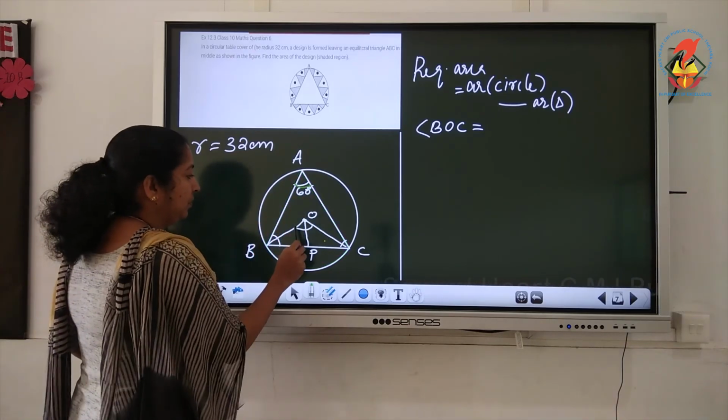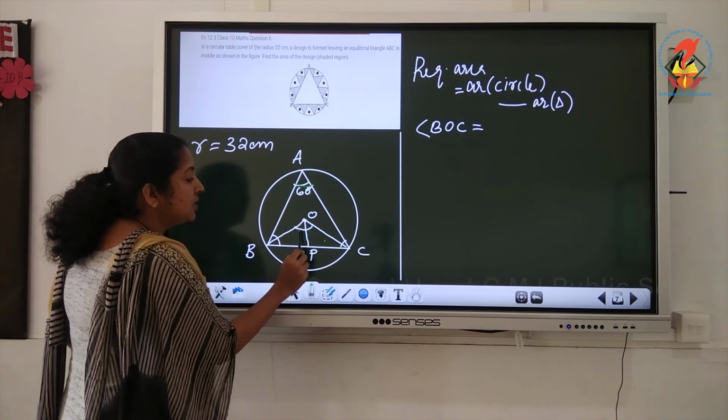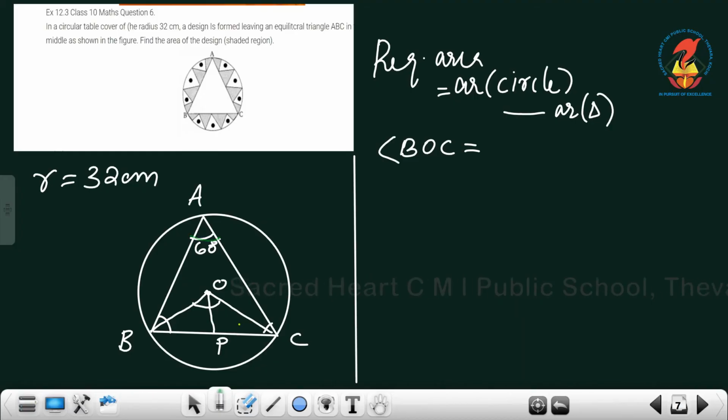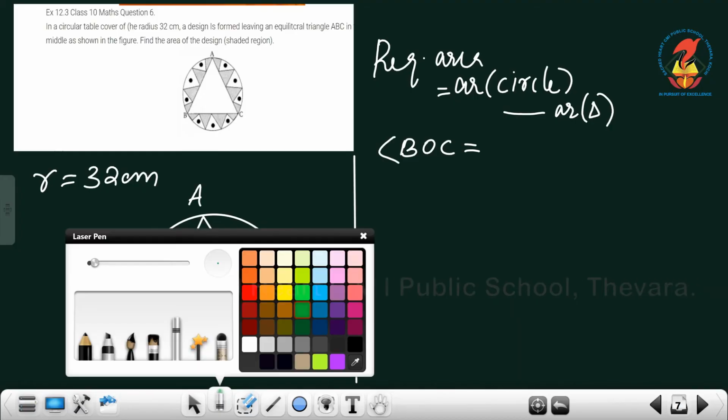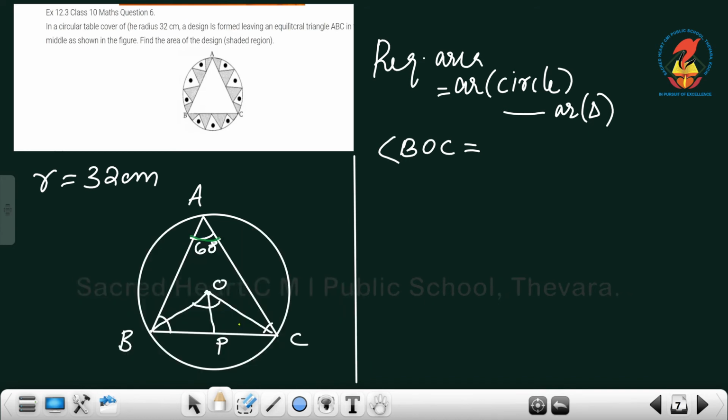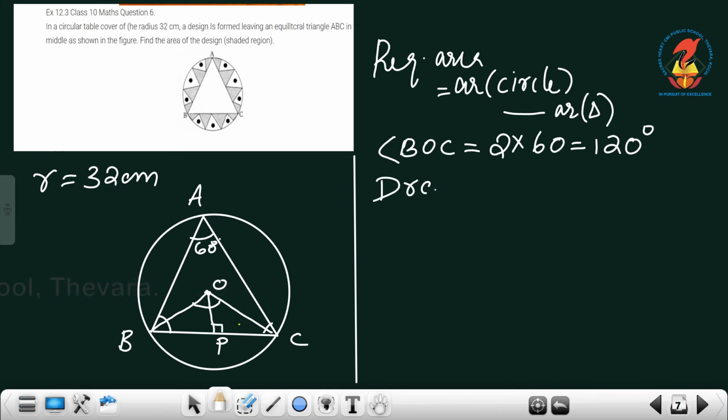So, the relation is, this is double of this angle. That means angle BOC is equal to 2 into 60, which is equal to 120 degree. And I have drawn OP perpendicular to BC.